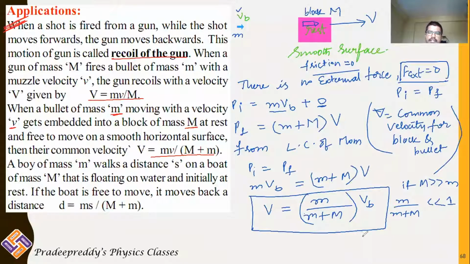Therefore, the velocity of the block is less than 1. Velocity of the block will be very, very small if the mass of the block is very large compared to the mass of the bullet. If the mass of the block is not that much greater than that of the bullet, in such cases the V value, that means the velocity of the block, is notable. Both can be moving with some particular velocity, and that is a common velocity. Remember that.